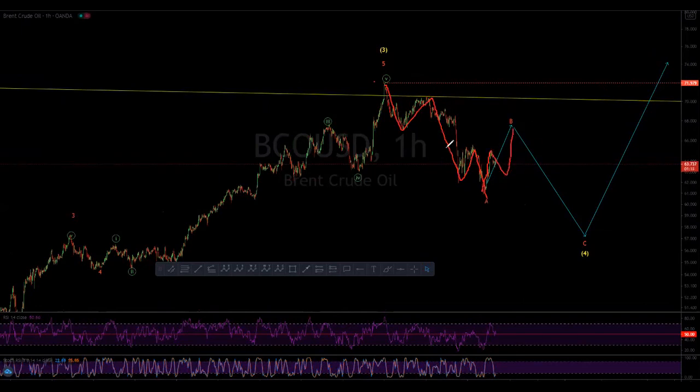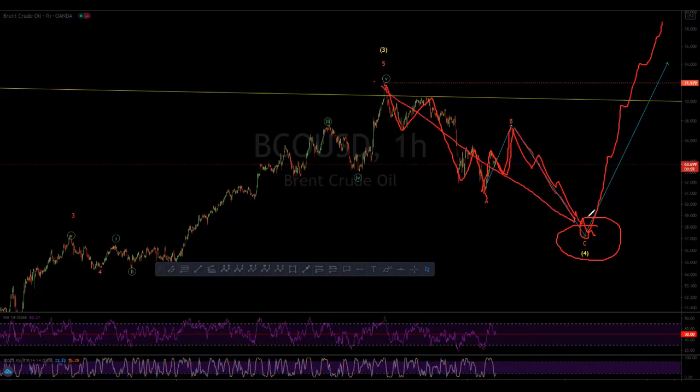In any case, I'm not interested in buying this one here. At most, I can only be interested in shorting this move here for a C wave. But the move that I'm looking for is this one. This is the move that I'm initially looking for. So while we are still in this correction, it can be traded, but I'm only going to be looking to trade this C wave at most, or this leg to the upside here.